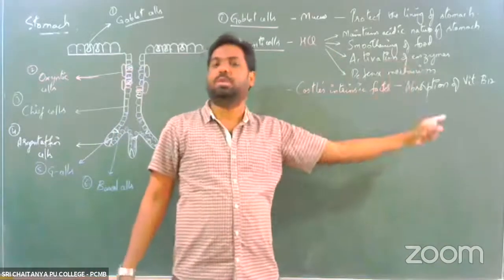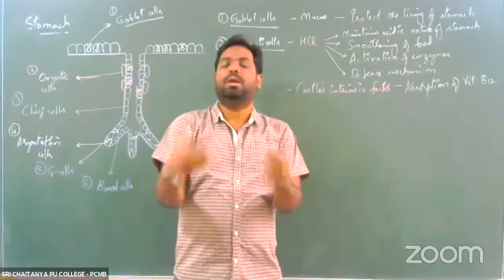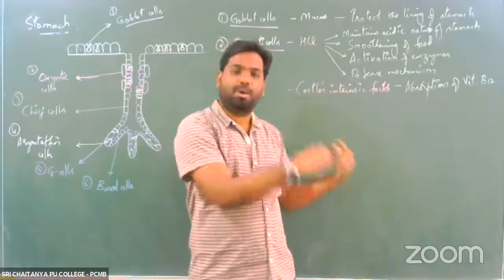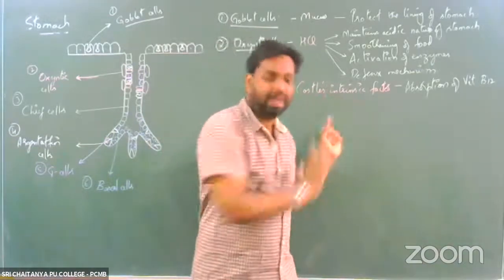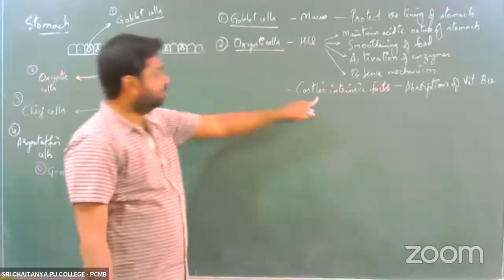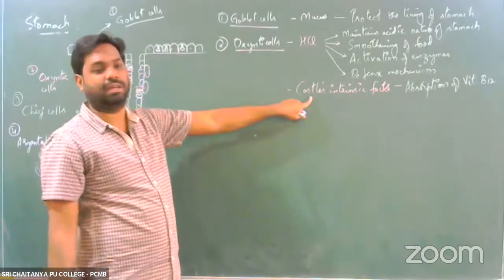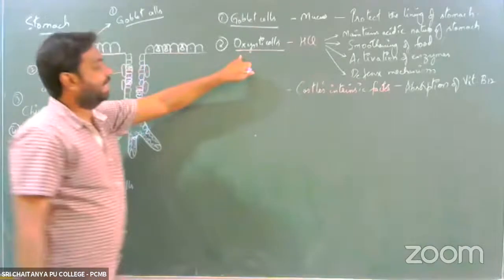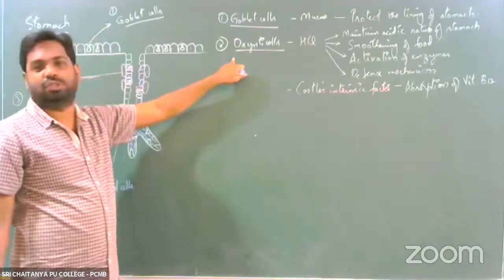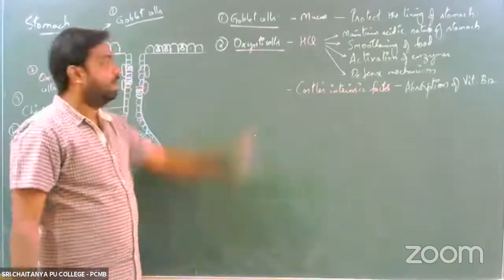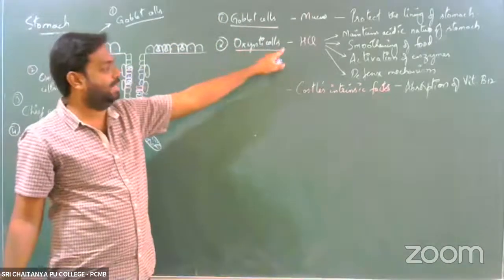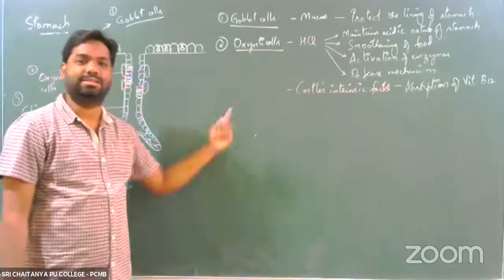If there is no absorption of vitamin B12, what would happen? The process of RBC formation or red blood corpuscle synthesis would be interrupted. So this is the importance of Castle's intrinsic factor, the second substance secreted by the second type of cell, the oxyntic cells. So goblet cells secrete mucus. Oxyntic cells secrete HCl as well as Castle's intrinsic factor.